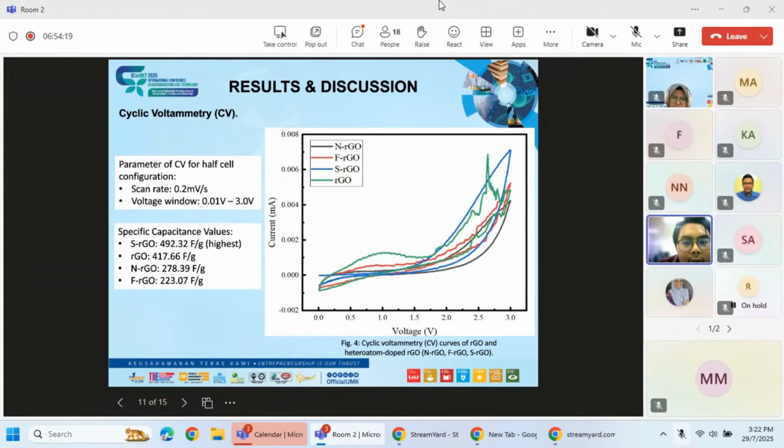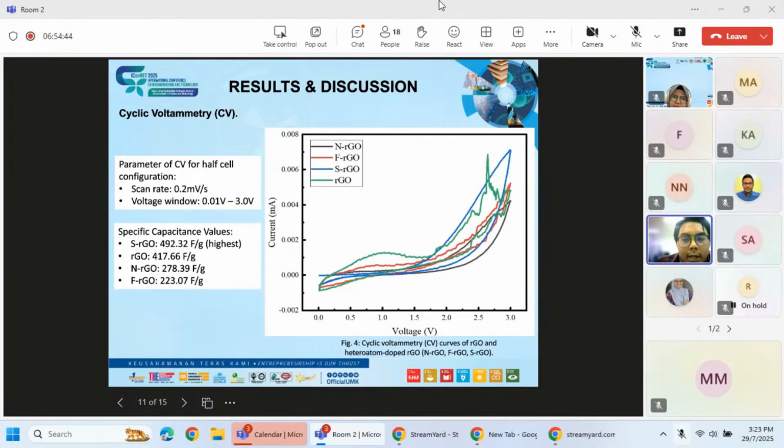As shown in the graph, the area under each CV curve reflects the material capacity behavior. A larger area generally means better electrochemical performance among all samples. Based on the result, the SRGO shows the highest specific capacitance of 492.32 farad per gram.